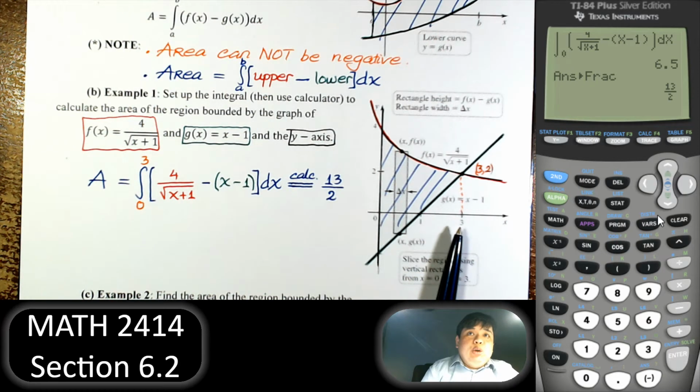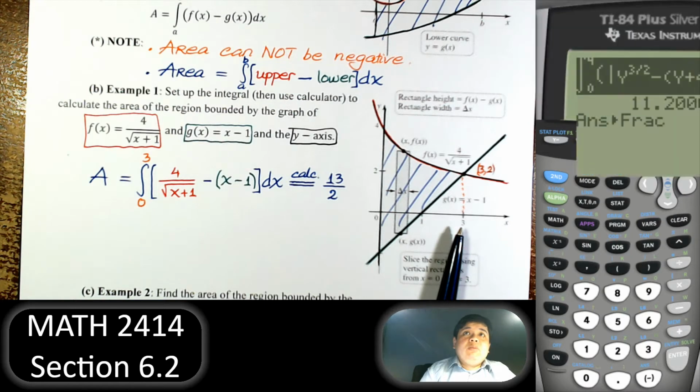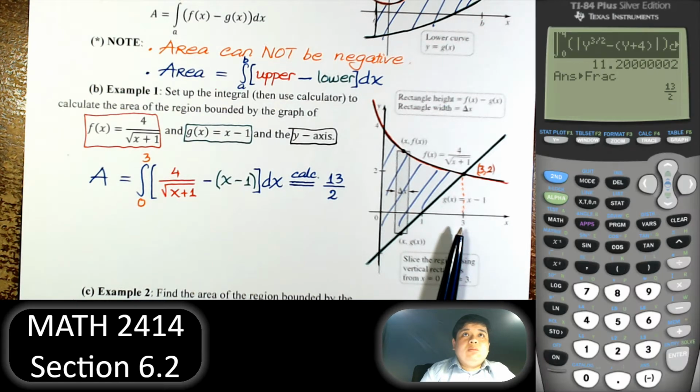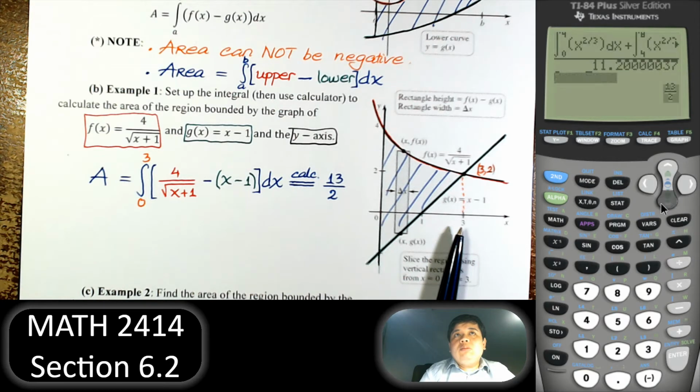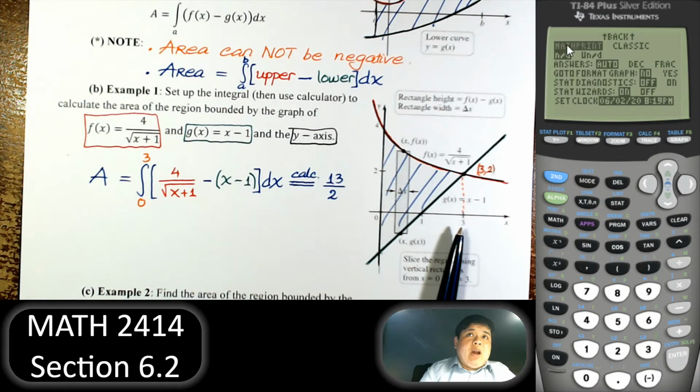By the way, if you use a TI-83 or a different model of TI-84, it might not look like this. So what we can do is hit mode, and if you have an option to have math print, keep that.